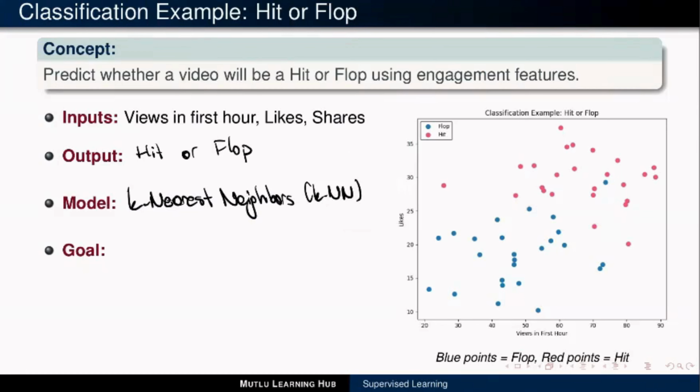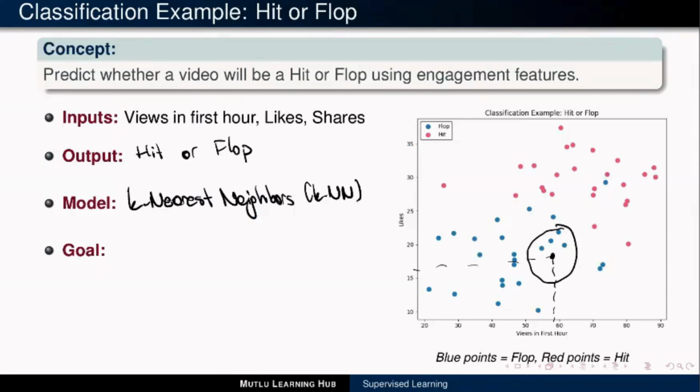Model memorizes that, and then when a new video comes in, we can see it here, and then we look at the nearest K points around it, and then we do majority voting. If the blue points are more than pink points, we say it's a flop. Otherwise, we say it's a hit. Again, I'm going to talk more about it later on.